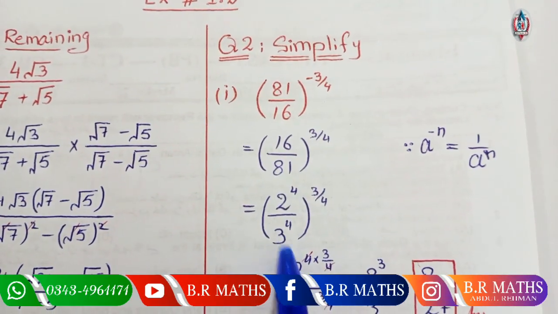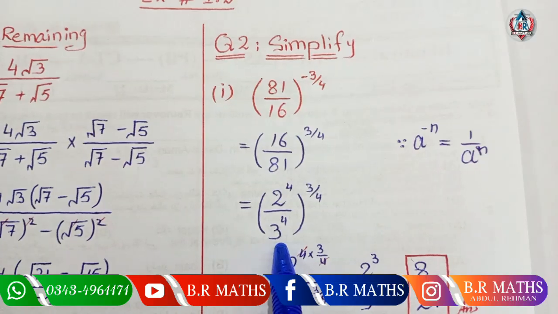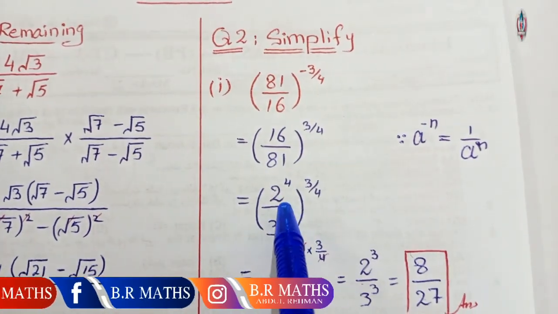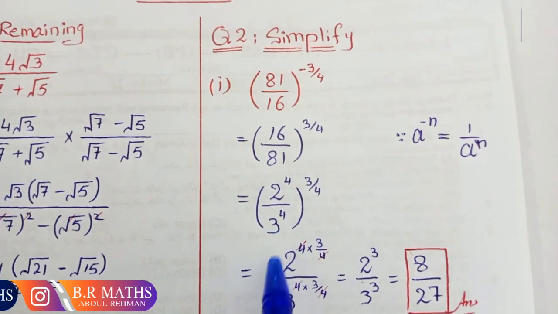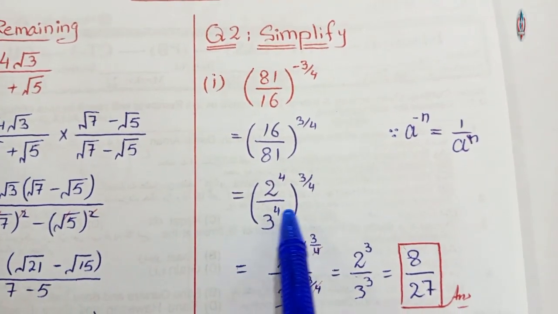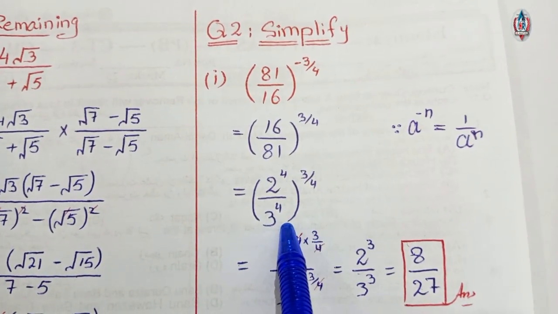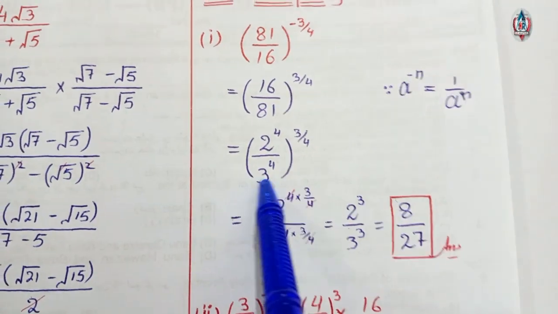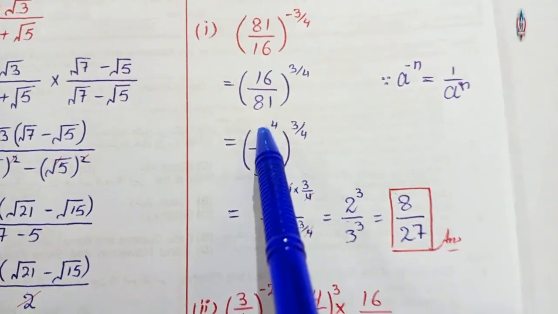Okay. Next, factors. Let's make the factors of all terms. 16 becomes 2 raised to power 4 and 81 becomes 3 raised to power 4. Now open the bracket. If a bracket is present, then the powers multiply.